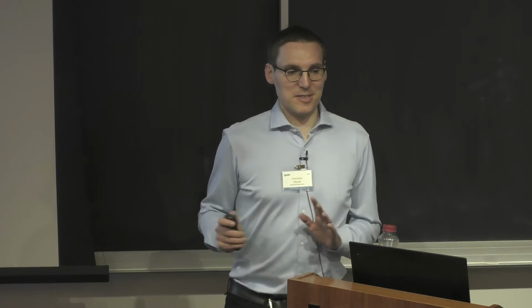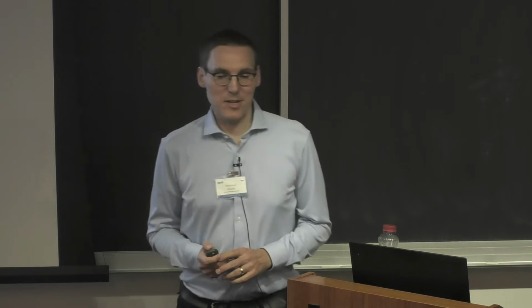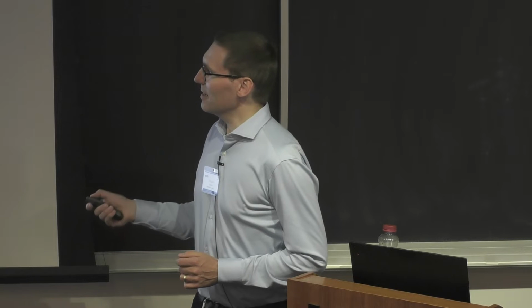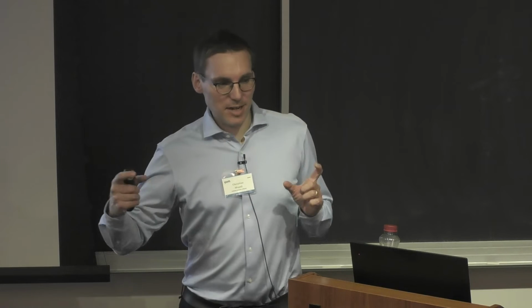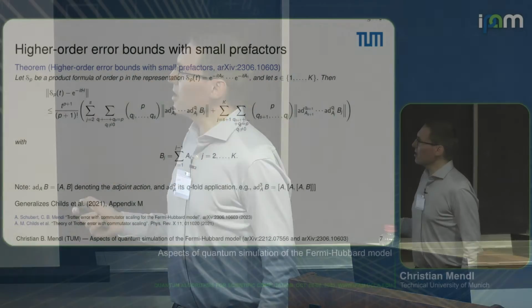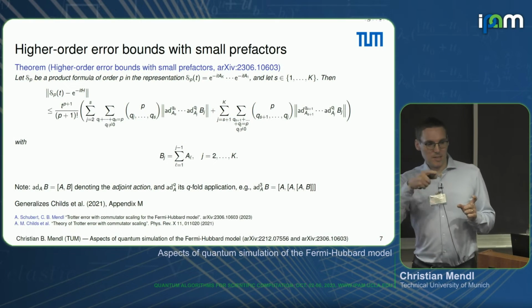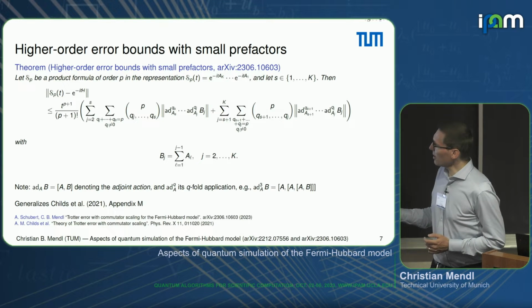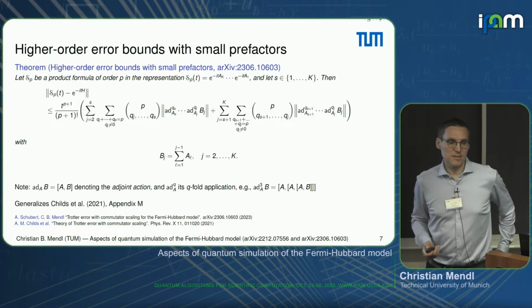Hopefully it's not misleading. What I just mean is that one can explicitly write down the prefactors or the bounds, right? Because they also give a general bound, which is just saying up to some constant, but here we also want to work out what are the constants in these error bounds.